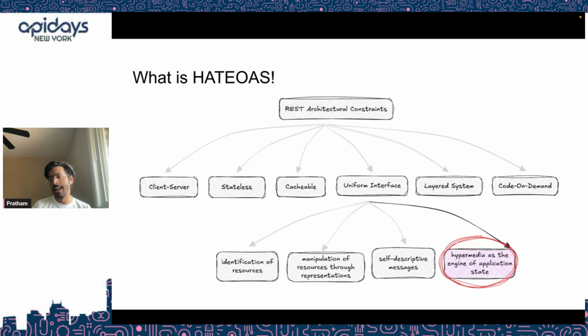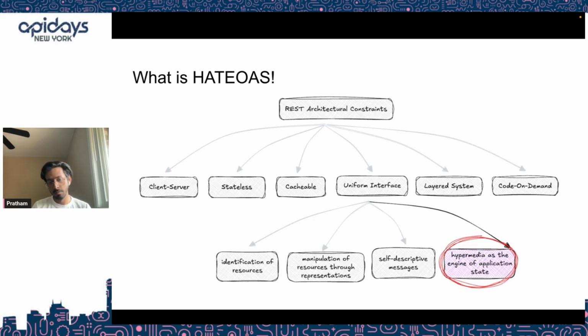The first one is client-server, which means a separation of concerns: client and server evolve separately. If the server gets some errors, it should not affect the client side, or vice versa. That's why client and server should evolve separately.